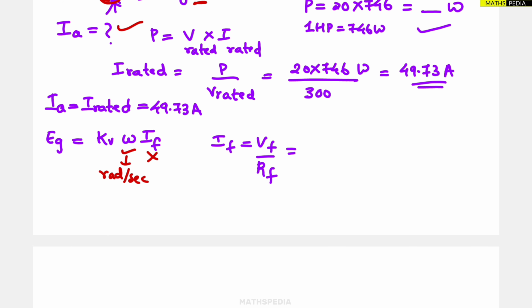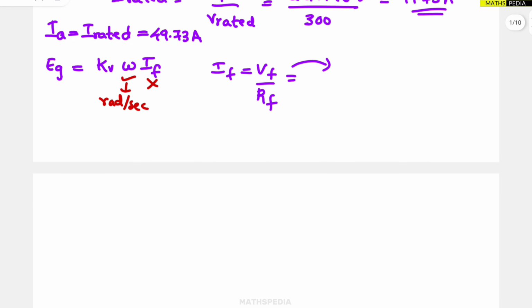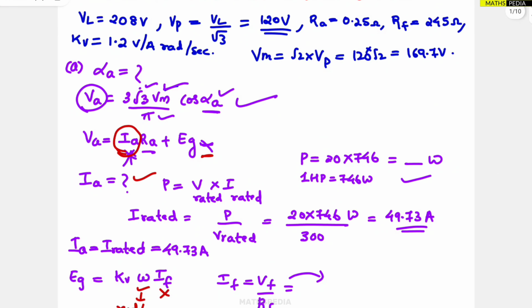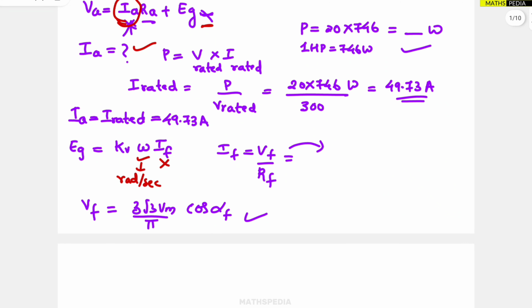Now what about the field voltage VF? In order to find out VF, we again have to go for the three phase full converter formula. As I said, VF is equal to 3 root 3 Vm by pi into cos alpha f. The same formula we had for the armature voltage, here we are going for the field voltage.